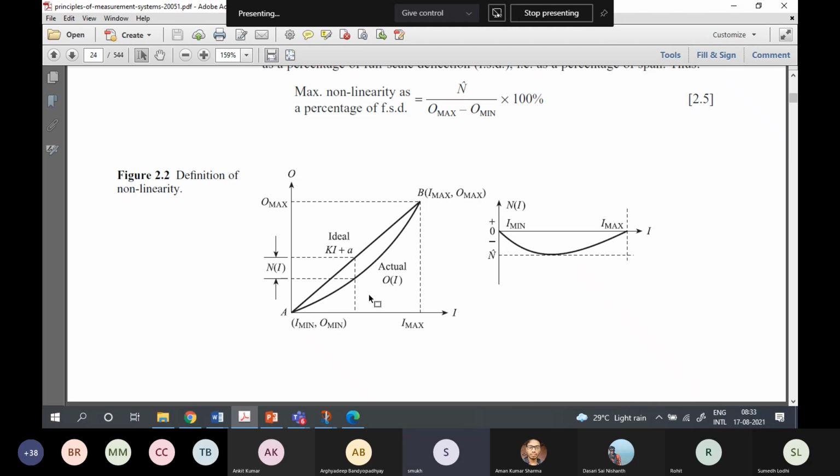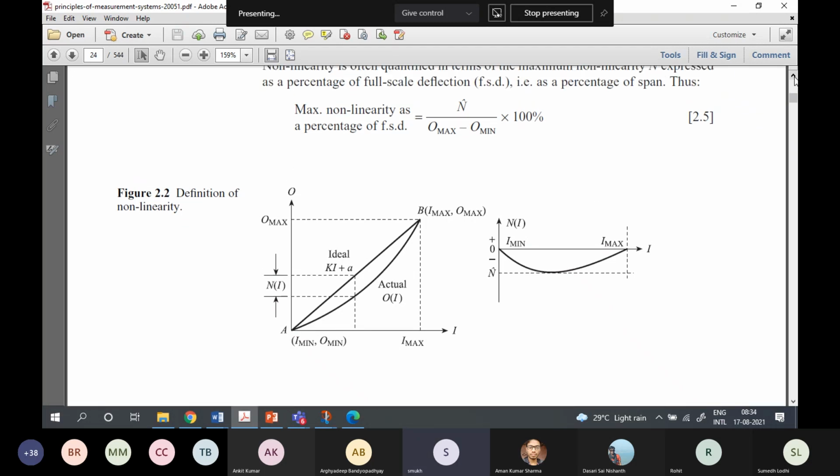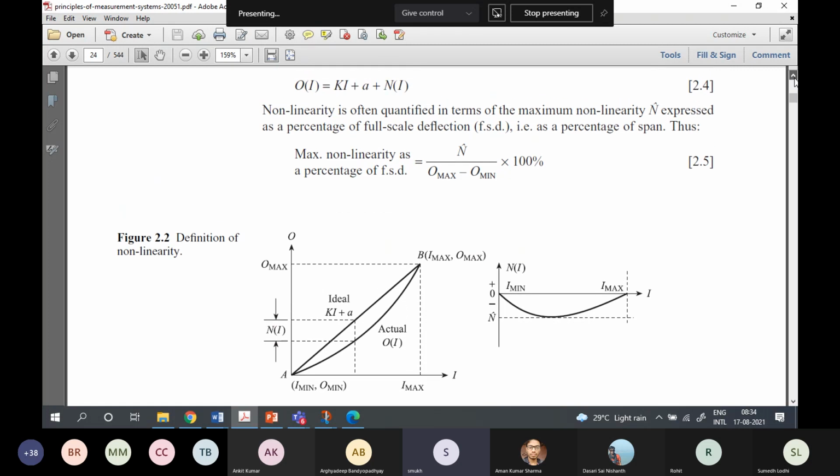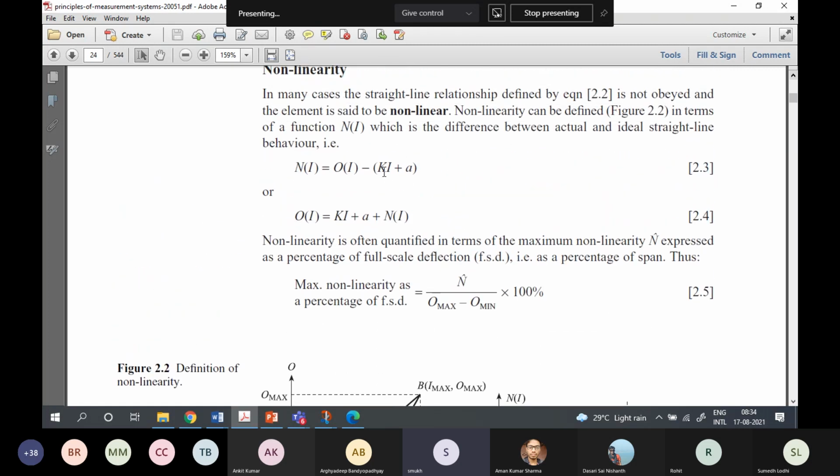You need not really model the nonlinearity and know the coefficients of these terms, but you can just know the maximum deviation that can happen from the straight line. So often we quote the instrument as a linear instrument, giving a sensitivity value, but I also want to admit to the customer that there is some nonlinearity effect, which may not be that prominent.